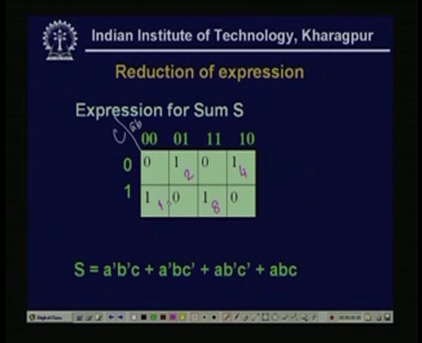So, if we now take the minterms for where 1 is there, that minterm will exist in the expression.